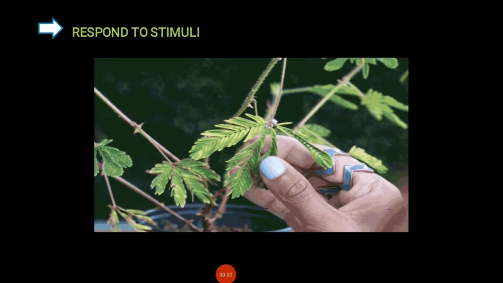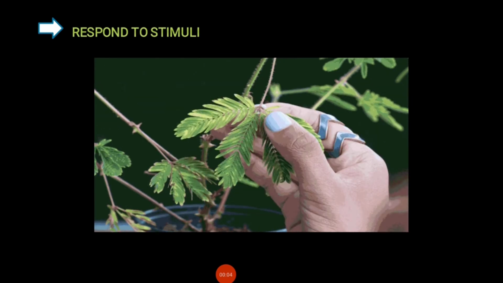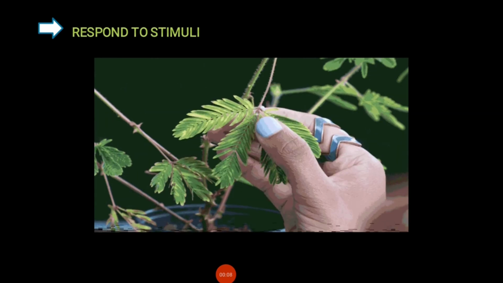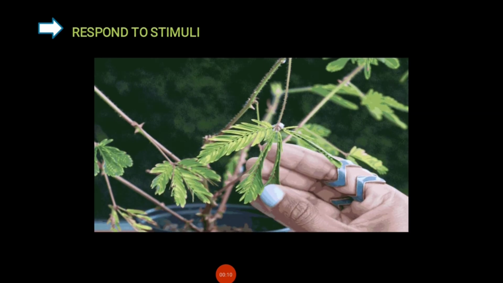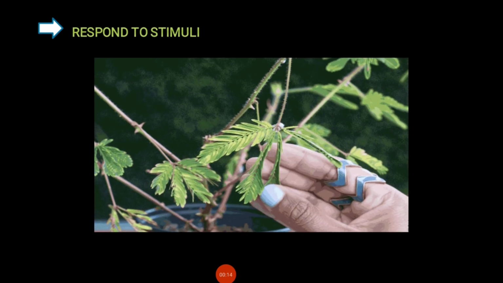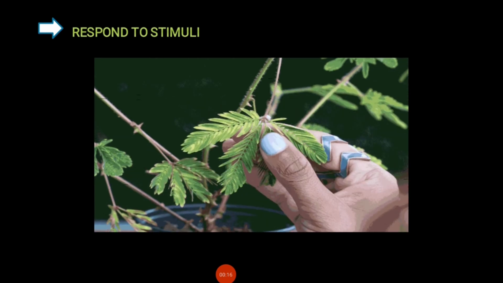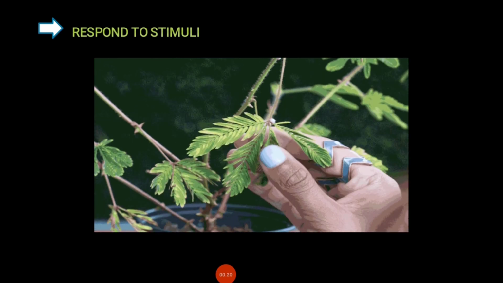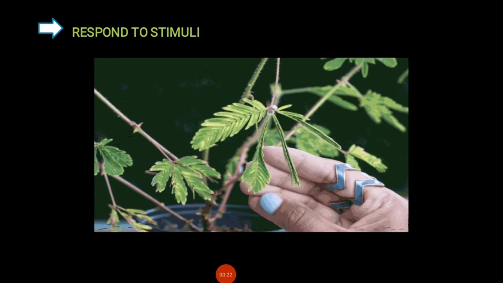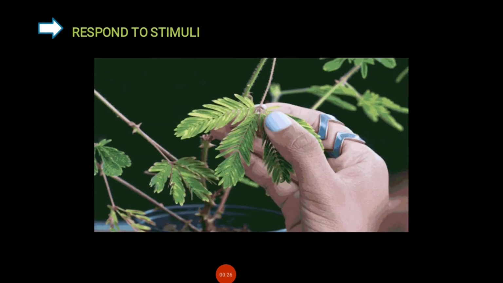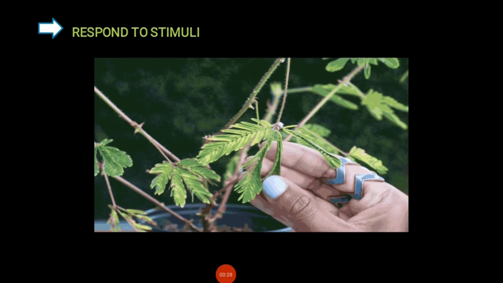The next is living things respond to stimuli. All the living things are very sensitive to touch and have the capability to sense changes in their surrounding. See some examples: at night when you switch on the kitchen light, the cockroaches start running to their hiding places.